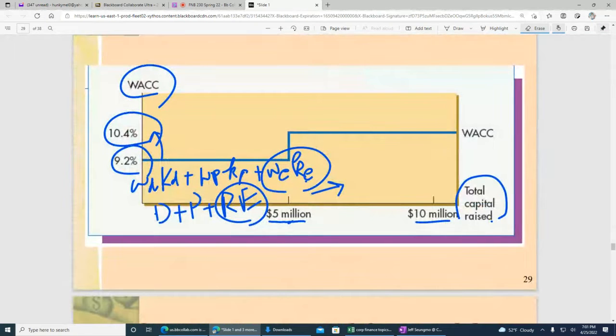After that break, it's going to be 10.4, and for every $1 more you raise, that's what is meant by marginal, it's going to still be 10.4, 10.4, 10.4.